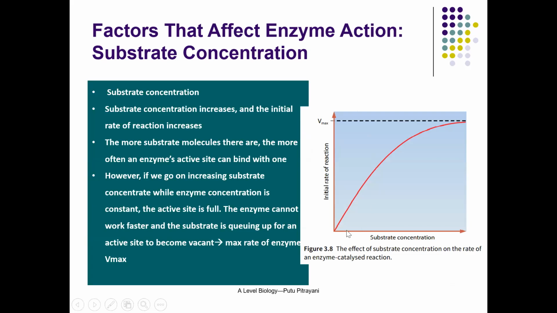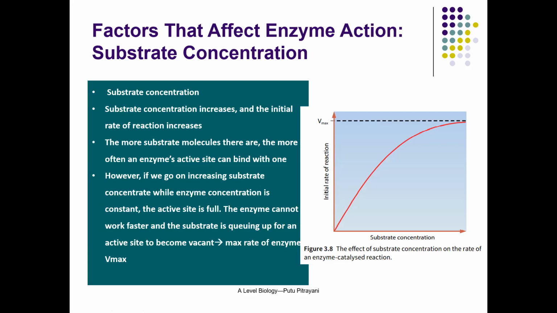So as you can see here, initially, the more substrate molecules we give in the reaction, the more often an enzyme active site can bind with the substrate. But if we keep increasing the substrate concentration without increasing the number of enzymes, at one point the enzyme will be saturated with the substrate.